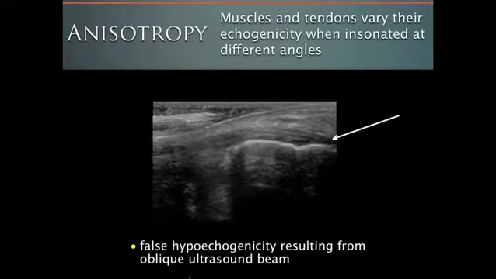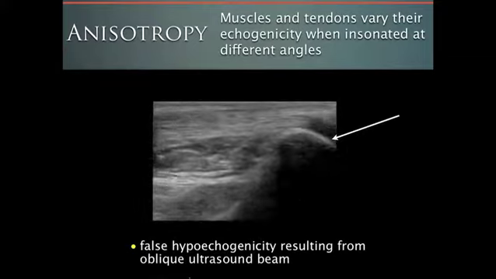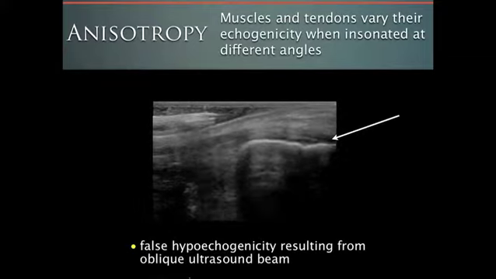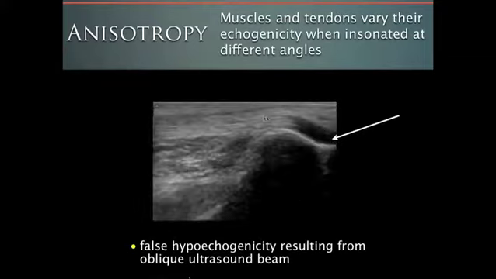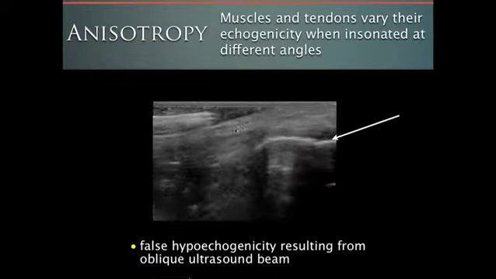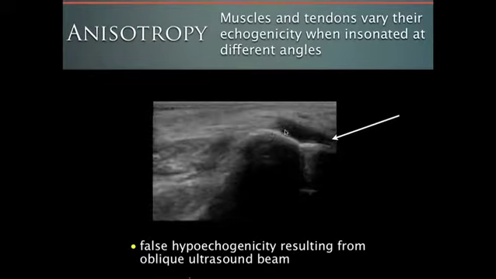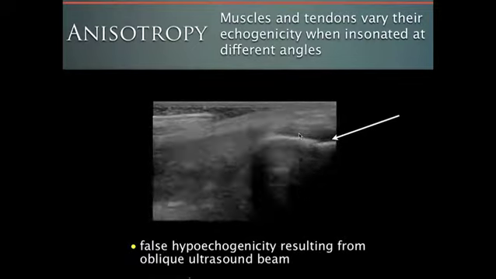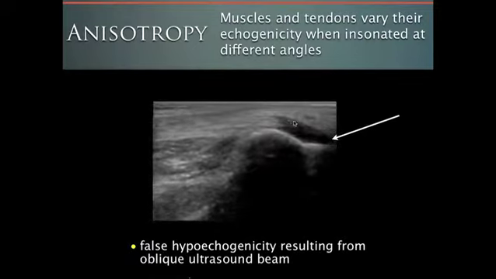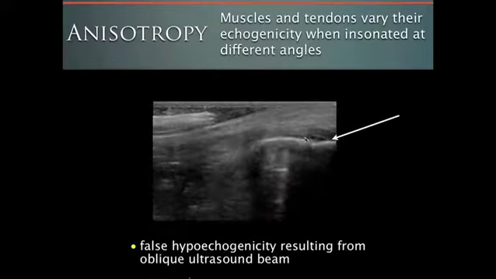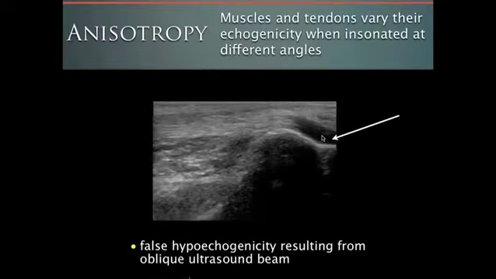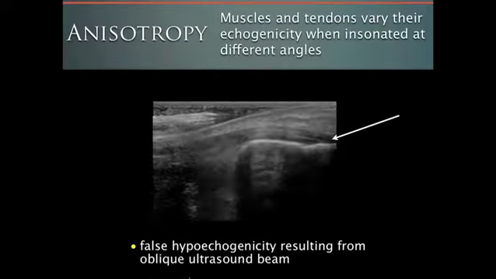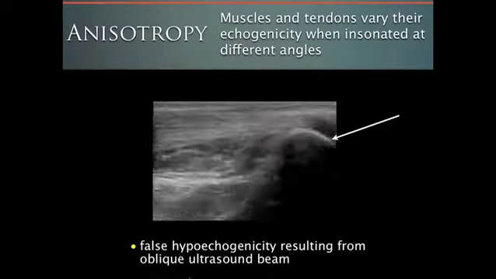And along most portions of that tendon, the tendon is quite hyperechoic, as we can see here in its linear striations. But as we get to the edge of this tendon where the angle of insonation may be different, it appears falsely hypoechoic right over here.